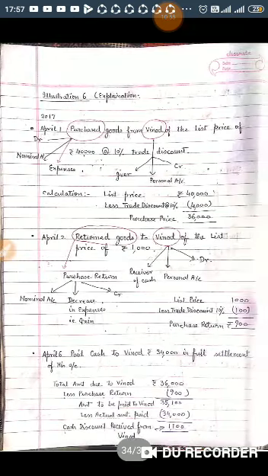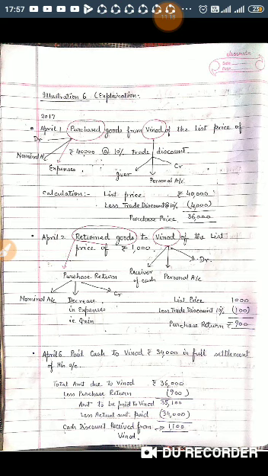Now come to the next illustration. This illustration says, enter the following transactions in the journal of Hari and Company. Now I'm giving you the explanation. April 1st, the first transaction says: purchase goods from Vinod of the list price of rupees 40,000 at 10% trade discount.